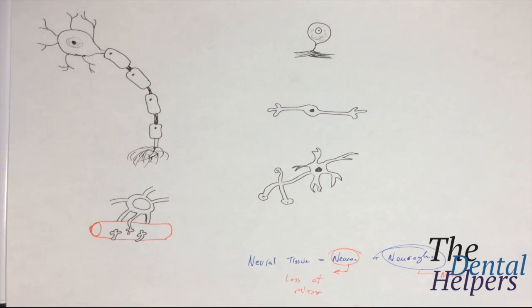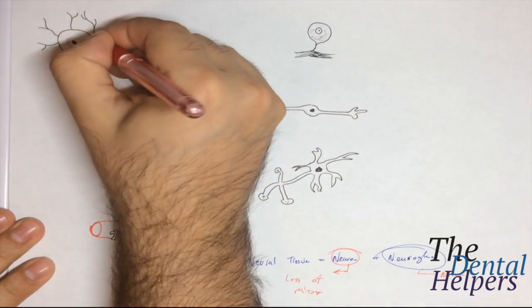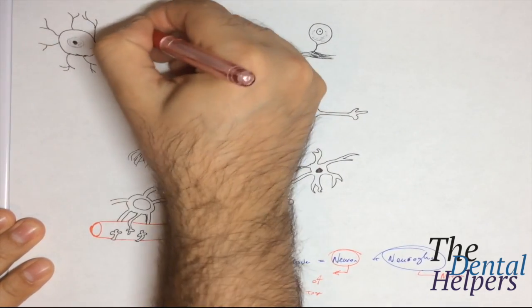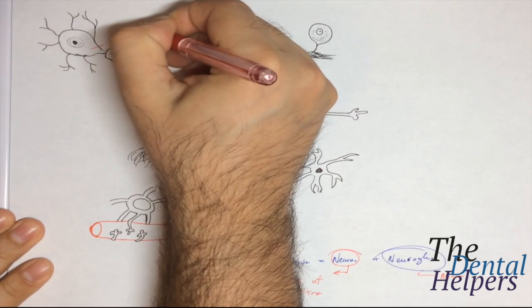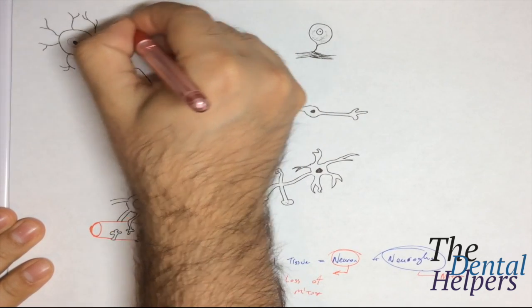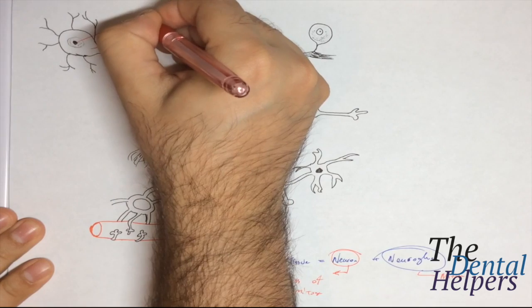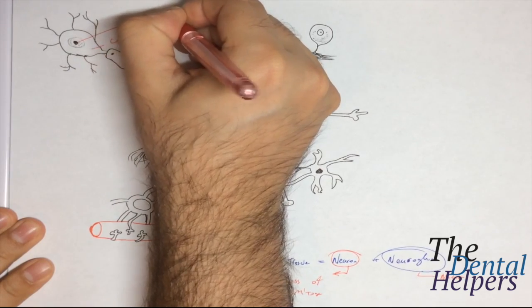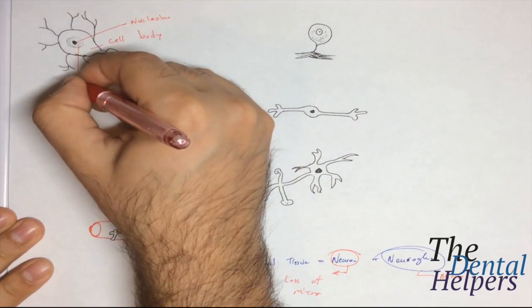And so typically they have a cell body, which is this right here. This is their cell body. They're going to have a nucleus. I'm sorry, that's the nucleolus. This is the nucleus.